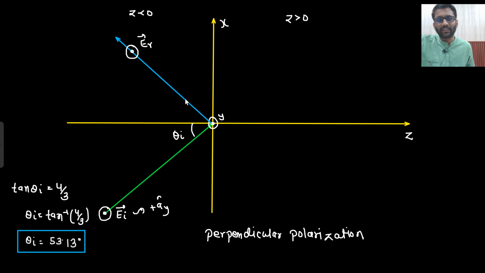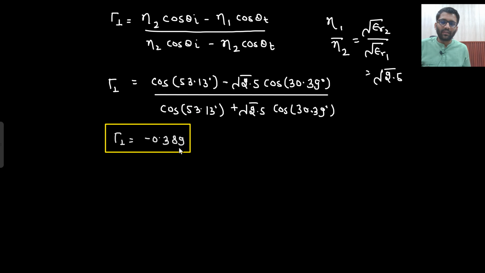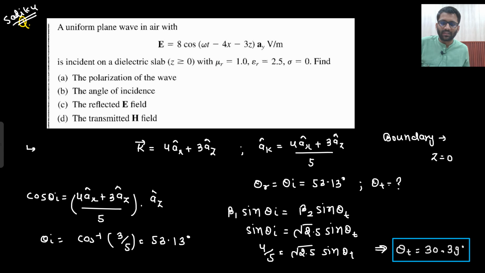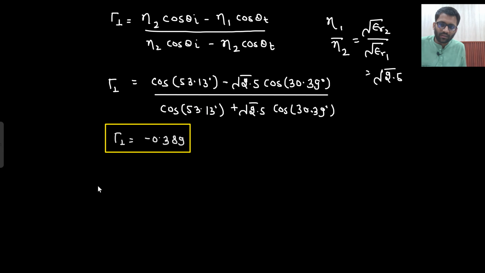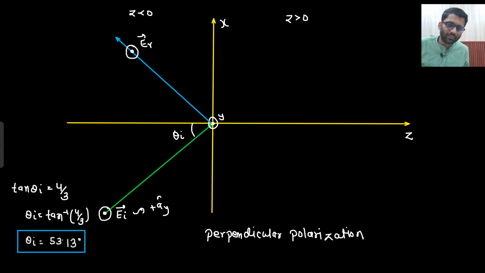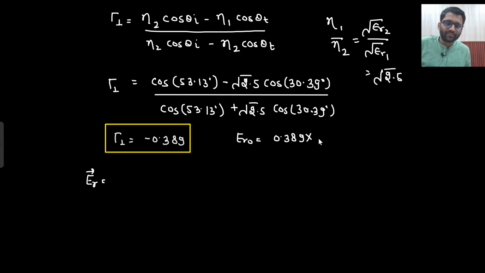And it will be multiplied with 0.389. So let's write down the expression for E_R. So let's write down E_R0. What will be your E_R0? E_R0 will be 0.389 into 8. So what is that coming out to be?